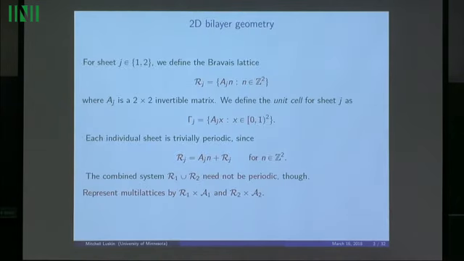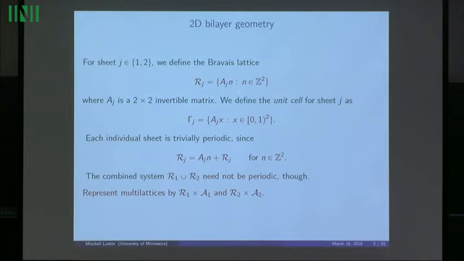Okay, we're just going to focus in this lecture on bilayer systems, although much of our theory extends to multi-layers, and extending this to multi-layers is actually a topic of a lot of our current research. So we'll focus here on bilayer, and we can describe the lattice of each individual layer, j equal to 1 and 2, by script R sub j, just an invertible matrix times Z squared.